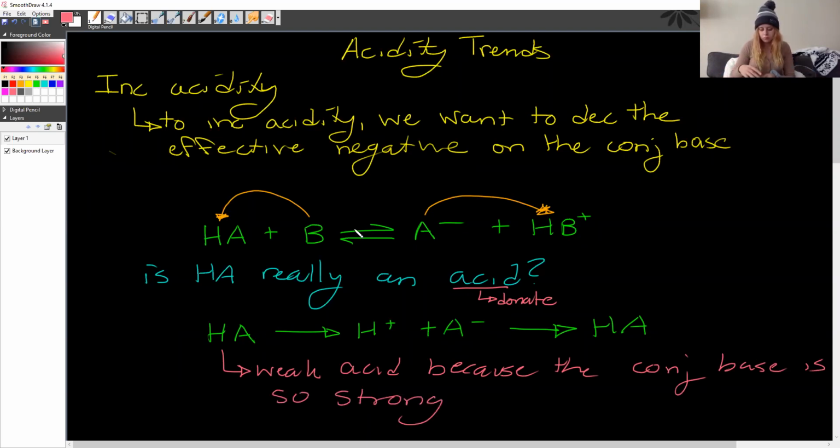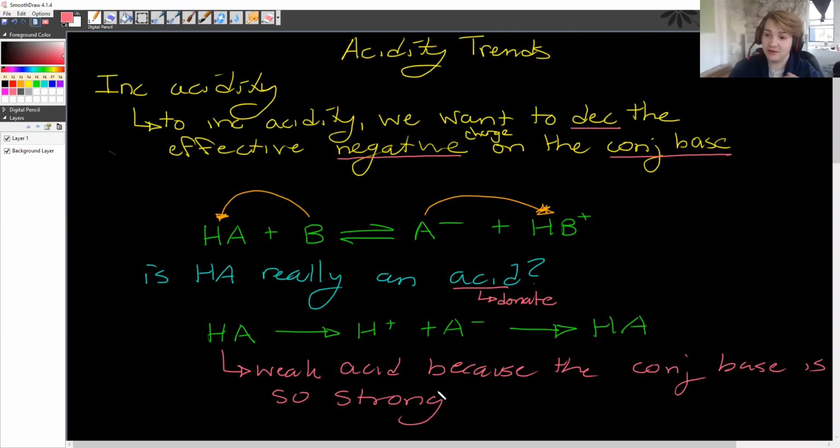And this is the basis of what the acidity trends are all about: we're going to be decreasing the negative charge on the conjugate base, because by doing that, we're going to make the conjugate base weaker, which then makes it so it's not stealing that proton back, so we're more likely to donate, which means that the acid is stronger.